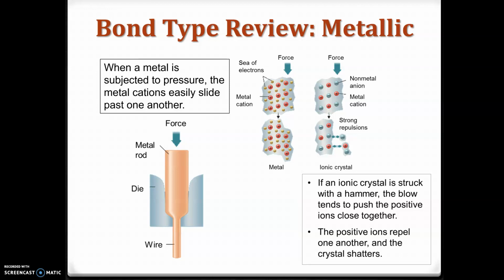So as a result, on the left here, you can see that we can actually force a metal rod into a die cast, which could shape it into whatever you need. In this case, this one is drawing that out into a wire. And it's never going to shatter because those electrons just move around as they need to keep everybody from repelling. So I just wanted to point that out.